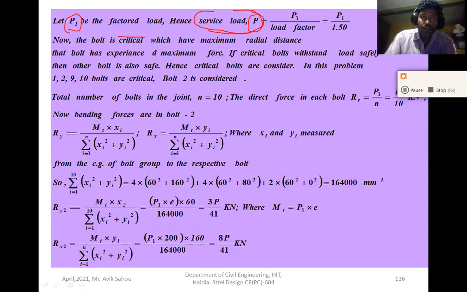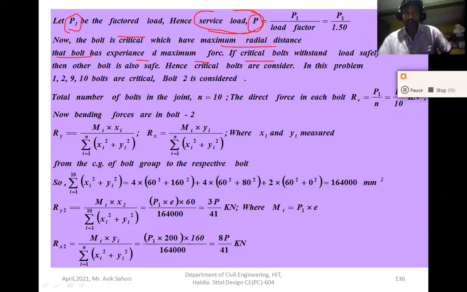Now the critical bolt, which one is the critical bolt? The critical bolt is the one which has the maximum radial distance. The maximum radial distance means the maximum bending forces, so that bolt experiences maximum forces.